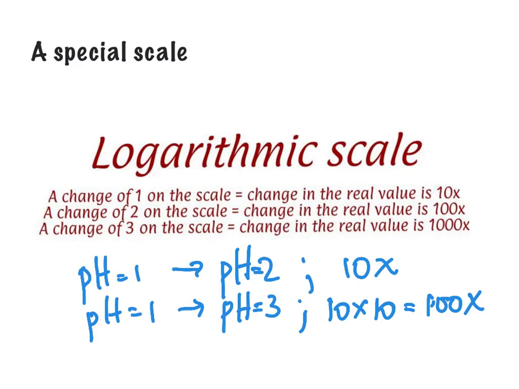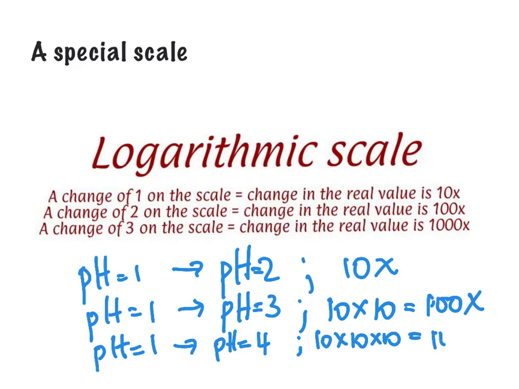Now the changes we're talking about are in the hydrogen ion concentration and, to a lesser degree, in the hydroxide ion concentration. So a pH changing from 1 to 4, so we've moved 3 spots, so it's 10 times 10 times 10, so it's actually a difference of 1,000 times in the concentration.